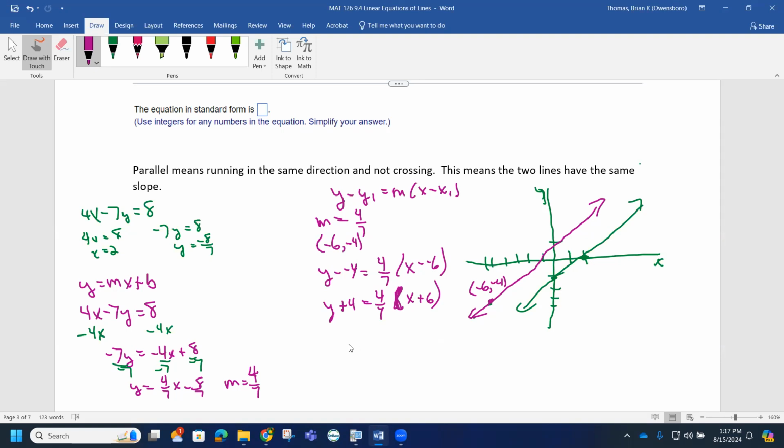I still need to remove parentheses, so y plus 4 equals 4/7 x plus... you have to multiply 4/7 times 6/1, and that's going to be 24/7. Okay. We still got to move the 4 over to the other side, so we're going to subtract 4 on both sides. This is the hard part.